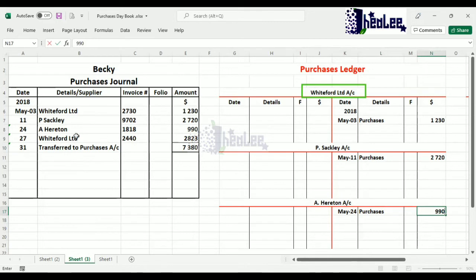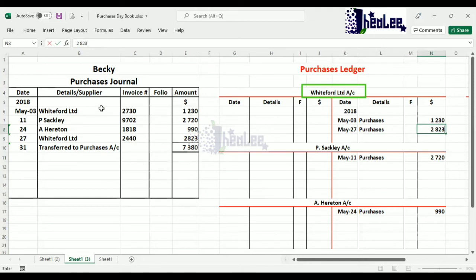Again, this is Whiteford Limited. So within Whiteford Limited's account, all we're going to enter is May 27th. The details is purchases, and the amount is $2,823. And guess what? We're finished posting the credit purchases to the purchases ledger.